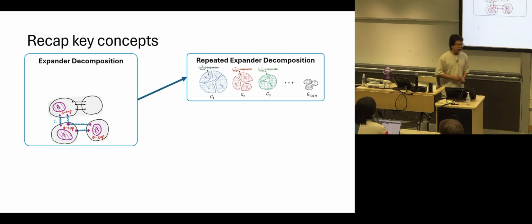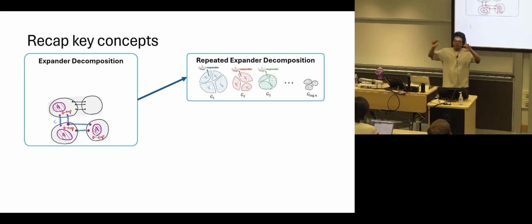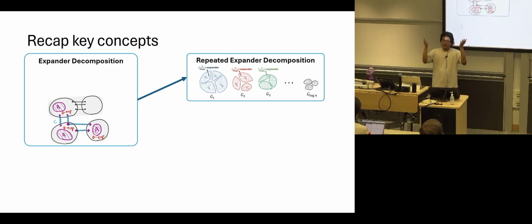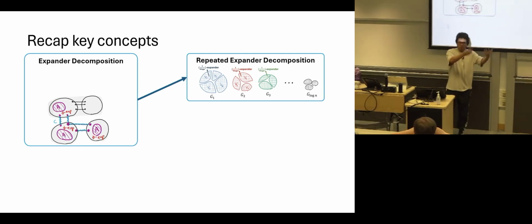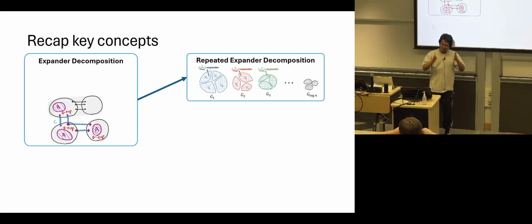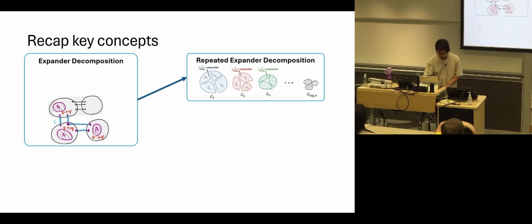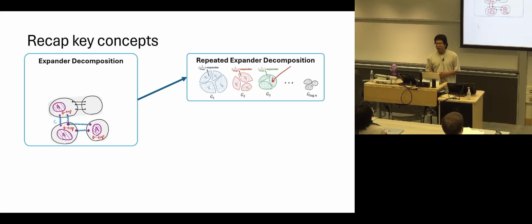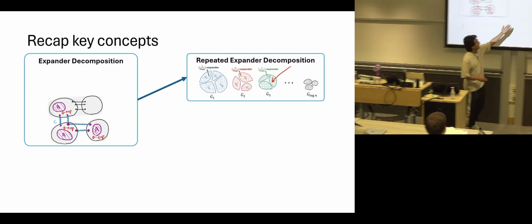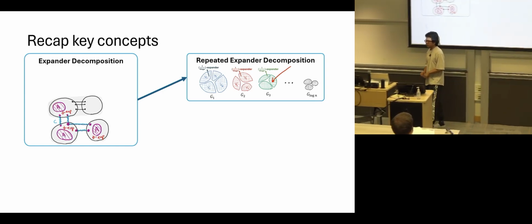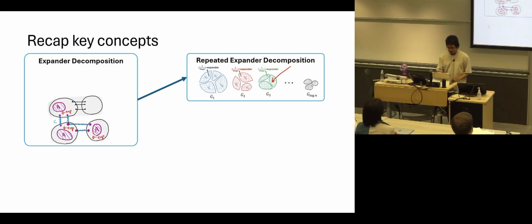You have a graph, you do expander decomposition, you get a bunch of disjoint expanders. Look at the cut edges, do expander decomposition on that. So add and recurse. At some point every edge will appear in some expander component, and there will be just log n many layers. And we have used this to get some applications.